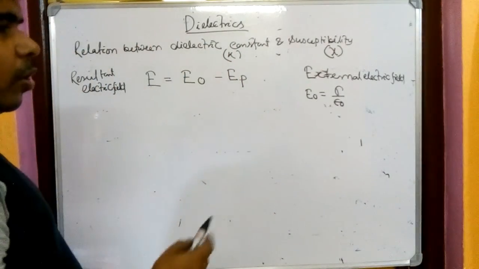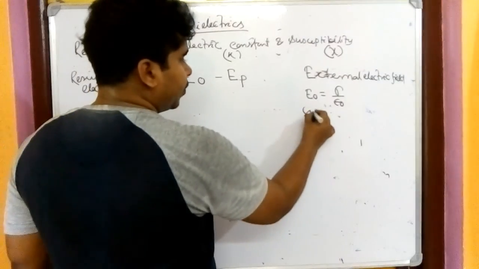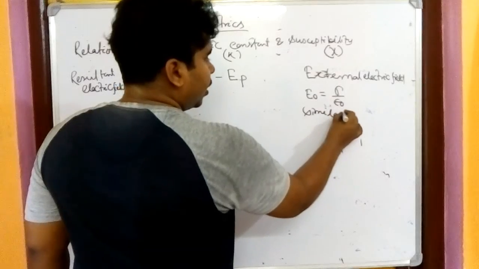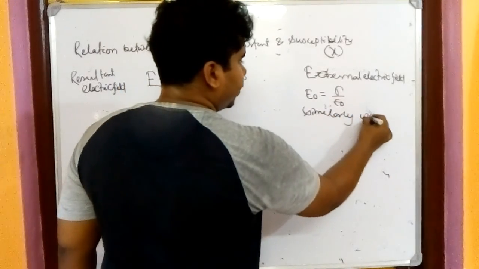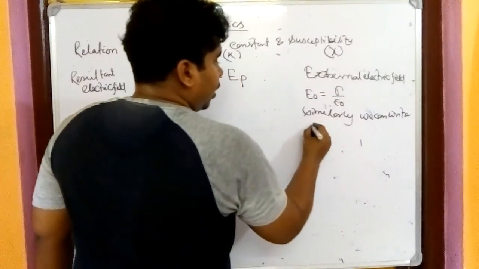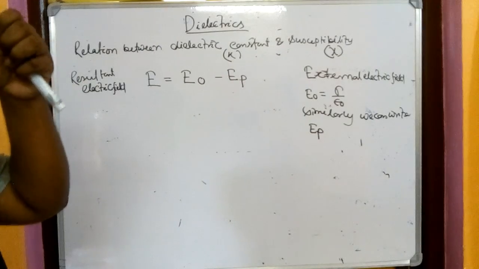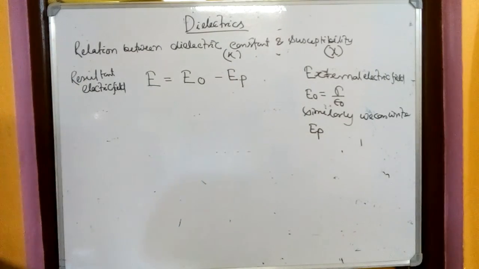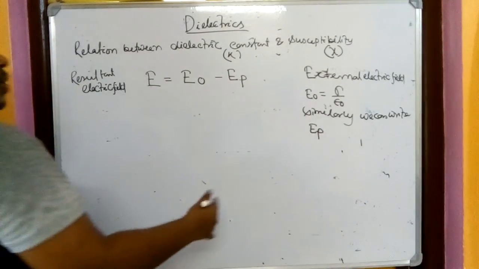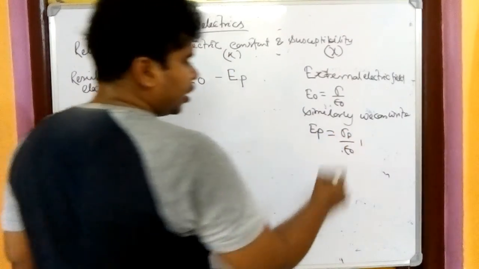So E0 equals sigma by epsilon naught. Similarly, we can write EP, that is the electric field due to polarization. Here it should be sigma P by epsilon naught.